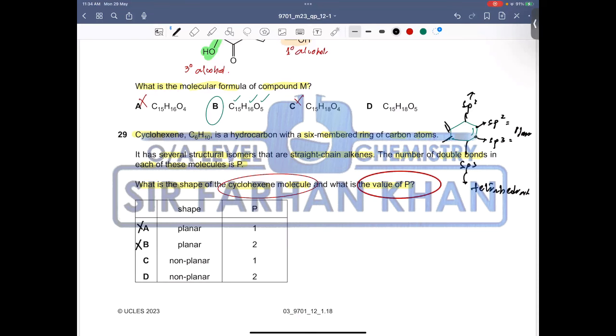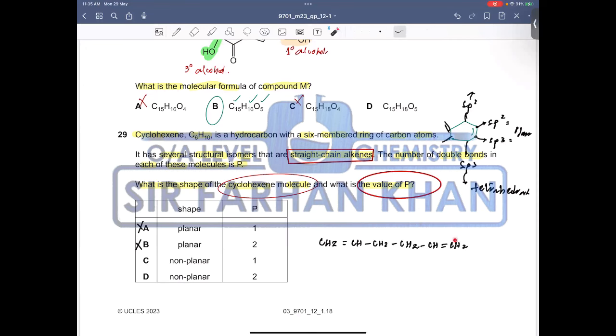So we need to find out the straight chain alkene, which is the isomer of cyclohexene. So it's CH2 double bond CH, CH2, CH, 1, 2, 3, 4, CH2, CH double bond CH2.